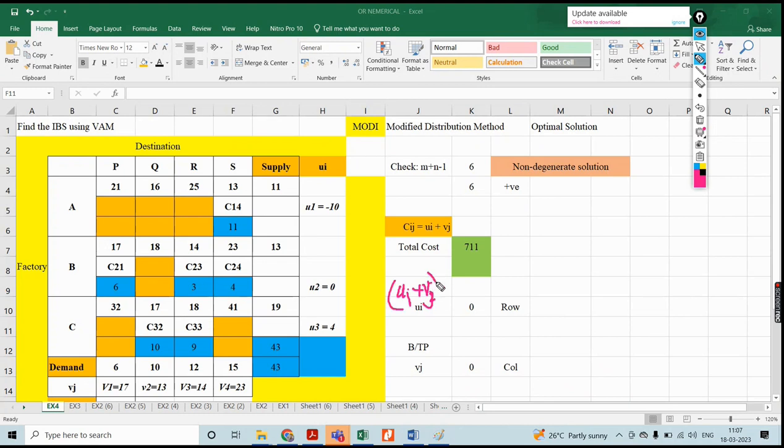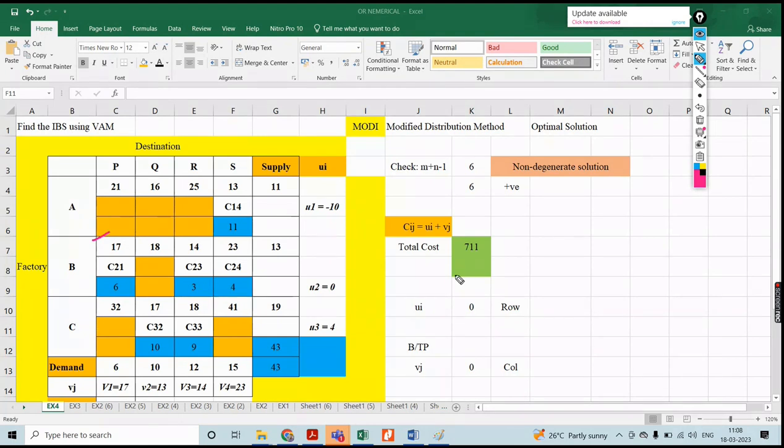The sum of Ui and Vj you have to write at the left corner of that particular cell. At the left corner, you write the value you get.